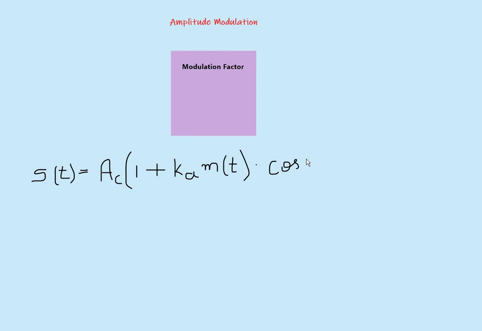We are not making any changes in this phase phi of the cos signal, so we can easily delete this phi. It's not an issue.